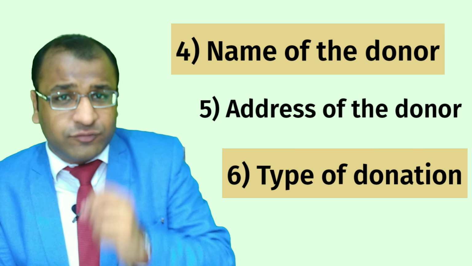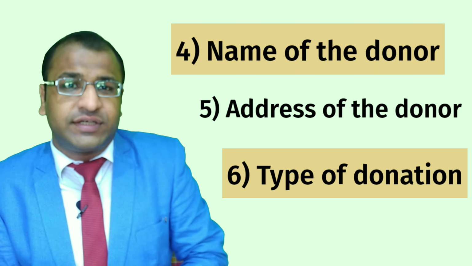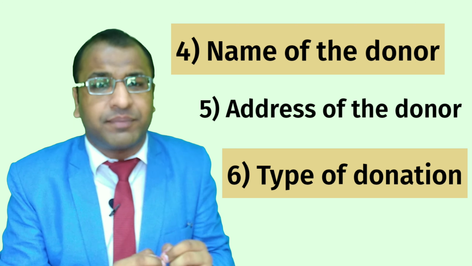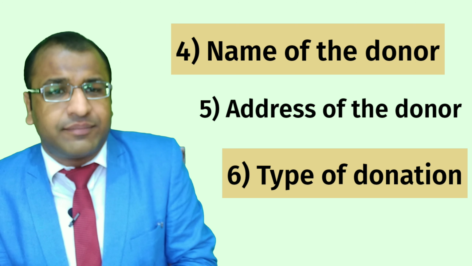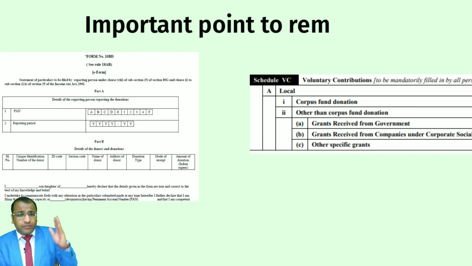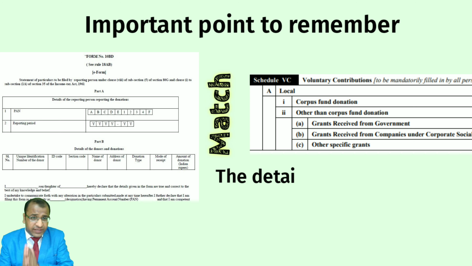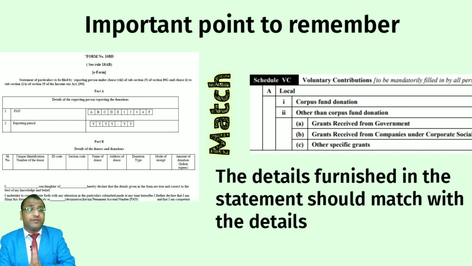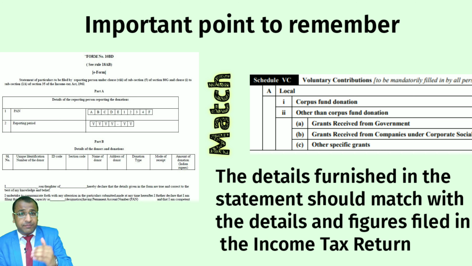Since even the type of donation has to be reported, it becomes all the more necessary for the person donating the amount to specifically mention the purpose, or else the option of other donations can be selected by the organization. From the perspective of the organization, one needs to remember that the details furnished in the statement should also match with the details and figures filed in the income tax return, or else be prepared for any legal proceedings from the department.